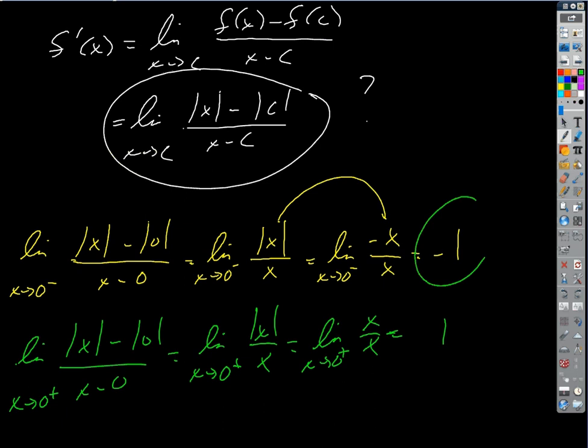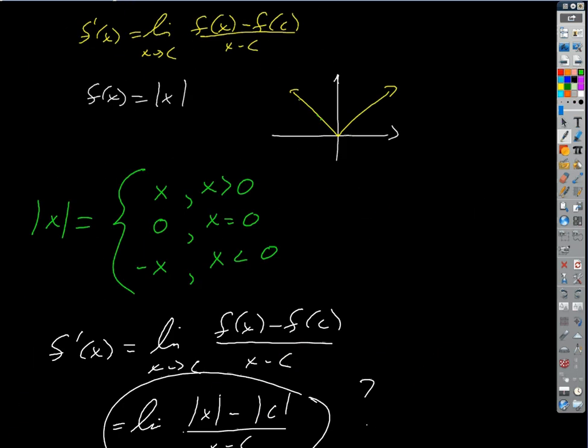As the ant is stepping away from 0 to the right, he's experiencing a slope of positive 1. They don't agree, so you can't define a slope at that point. What do you think that graph in general represents?